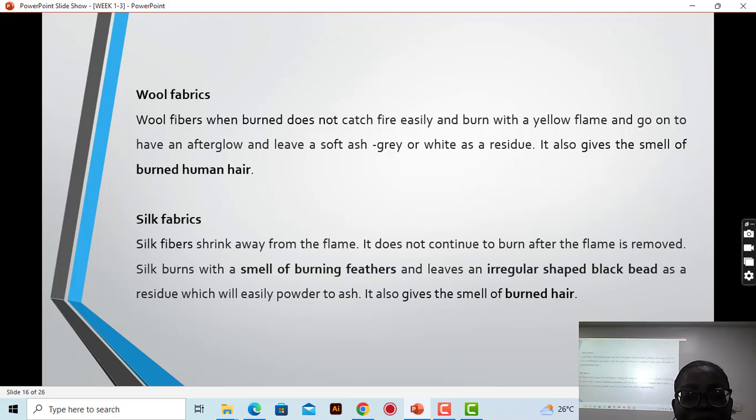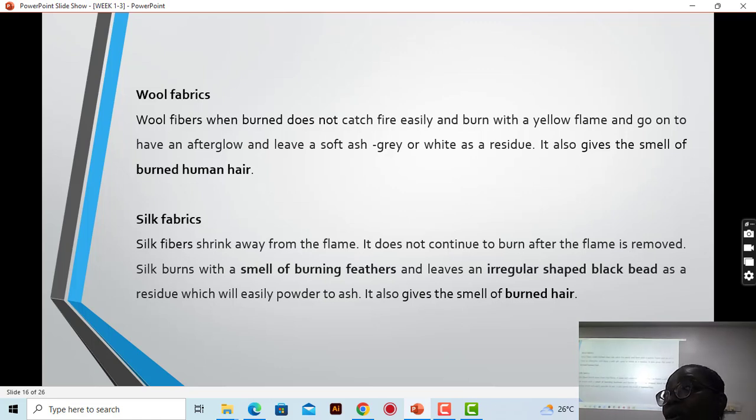All right. So let's look at the silk fabrics too. Silk is also animal based. Okay. So let's look at how it also behaves. However, silk fibers, they shrink away from the flame. It's like it is melting, kind of. Okay. So it does not continue to burn after the flame is removed.